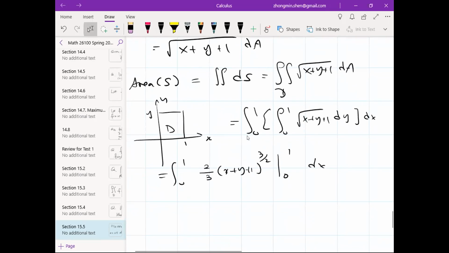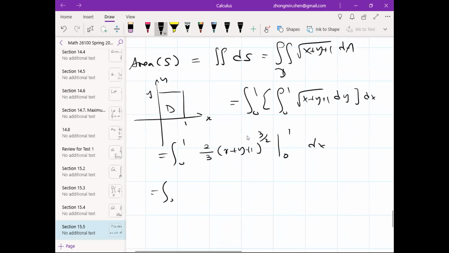When you differentiate with respect to y, you get the square root of x plus y plus 1. So when you plug in 1 for y, I get x plus 2. When you plug in 0 for y, you get x plus 1.